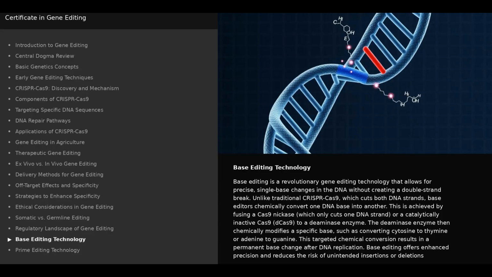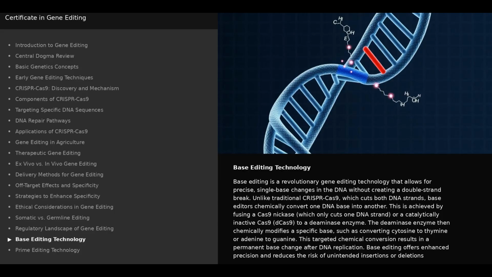This is achieved by fusing a Cas9 nickase, which only cuts one DNA strand, or a catalytically inactive Cas9, dCas9, to a deaminase enzyme. The deaminase enzyme then chemically modifies a specific base, such as converting cytosine to thymine or adenine to guanine. This targeted chemical conversion results in a permanent base change after DNA replication.